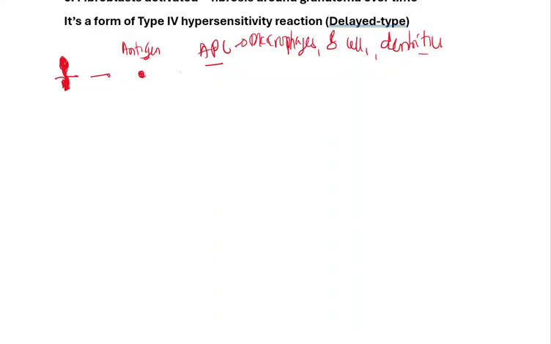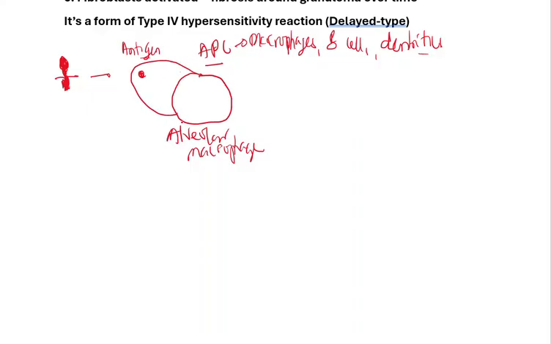So here we're going to use what? We're going to use, in the lungs, since we are talking about Mycobacterium tuberculosis, if they inhale it, it's going to go to their lung. So here we're going to talk about alveolar macrophage. What the alveolar macrophage is going to do is phagocytose this antigen.